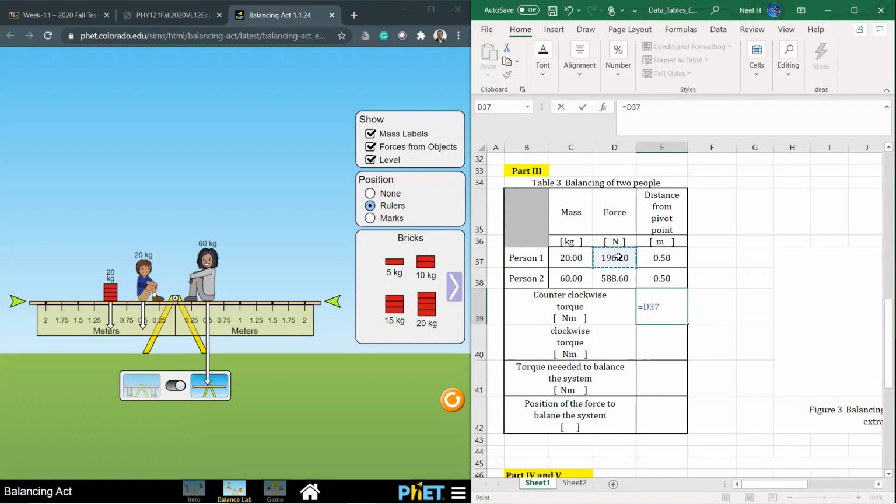So that is person 1 multiplied by the distance. And on the other side, clockwise torque equals person 2 multiplied by the distance. So that's where I think I probably made the mistake earlier. That number was 300-something when I did it there. Okay, question.